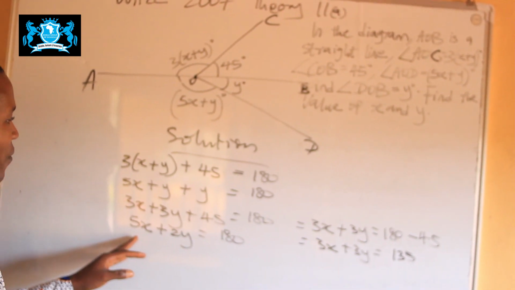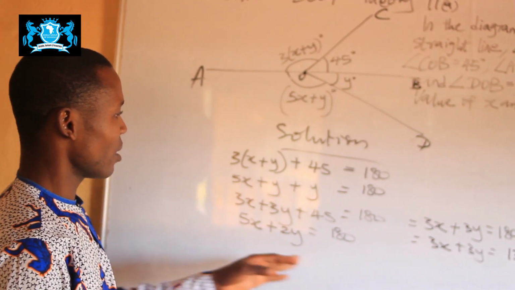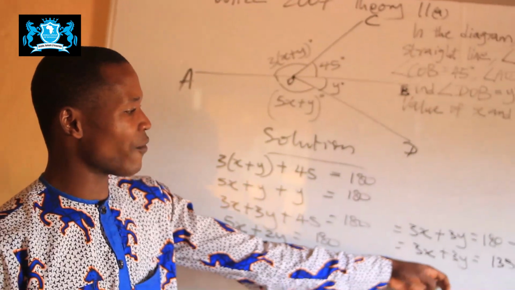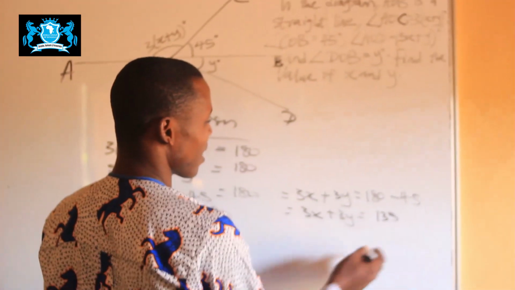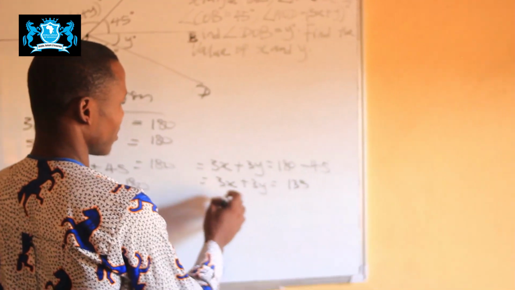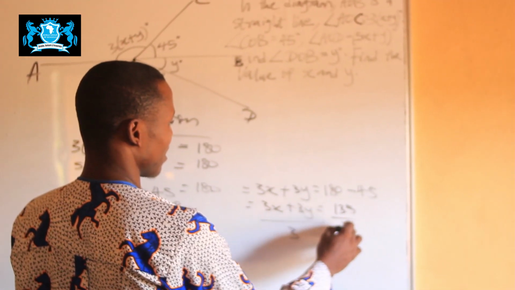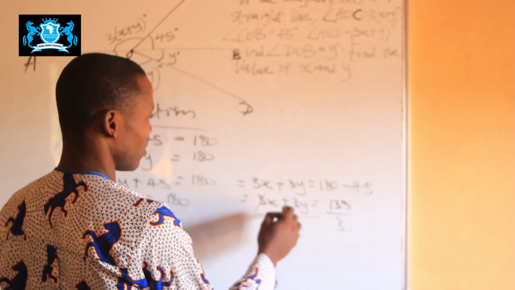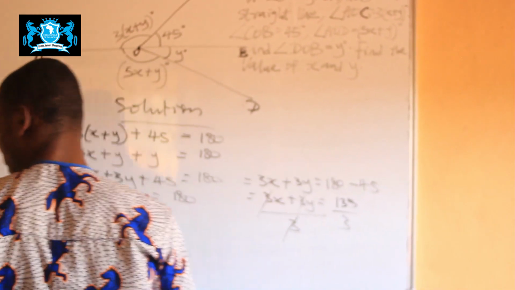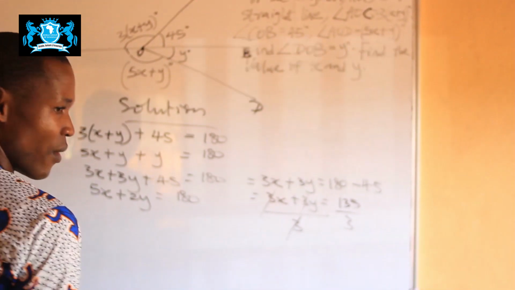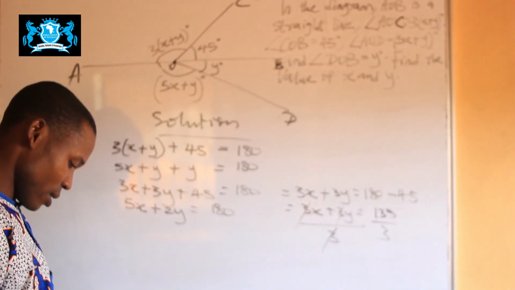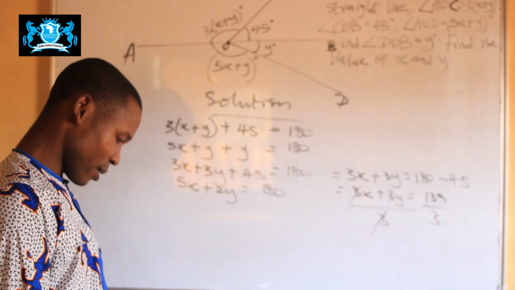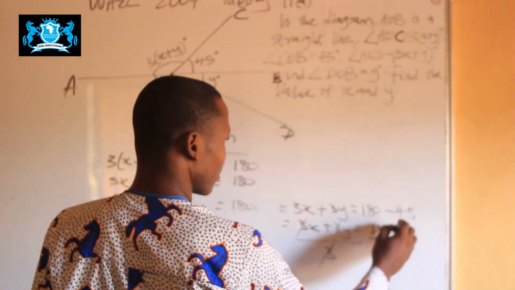If we want to have only x, we can come here and divide everything by 3. Divided by 3, divided by 3. 3 will go, 3 will go. 135 divided by 3 will give us 45.